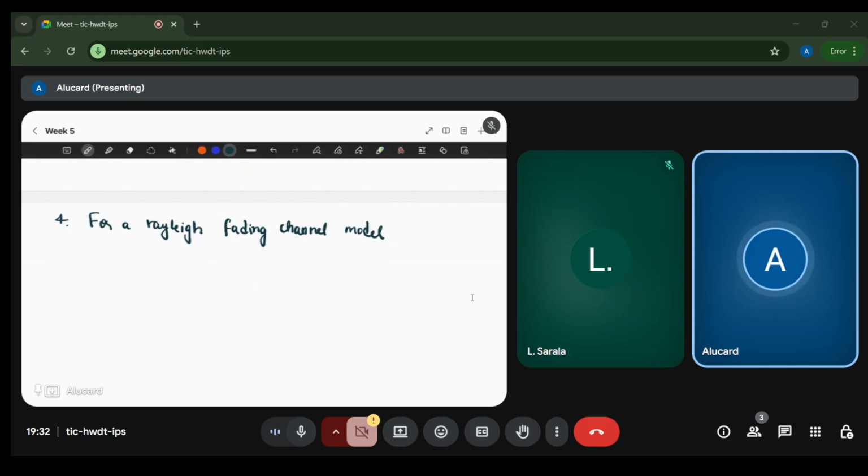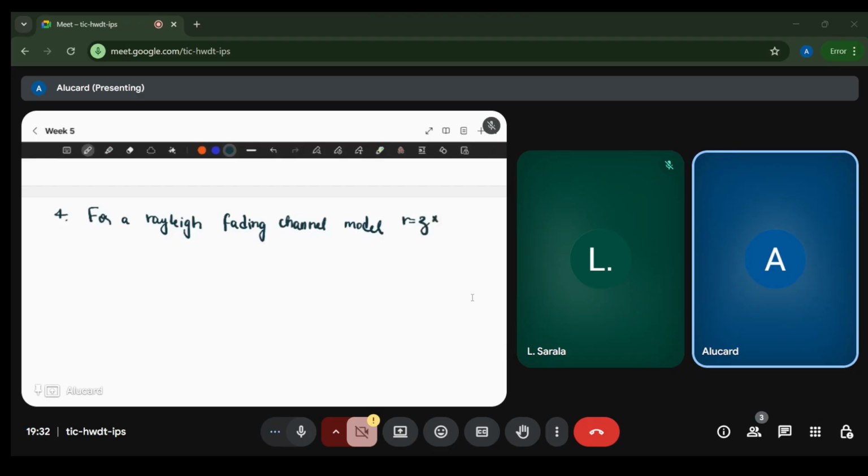Okay, we'll go to question 4. A Rayleigh fading channel model R is Zs plus N, where Z is Rayleigh distributed.